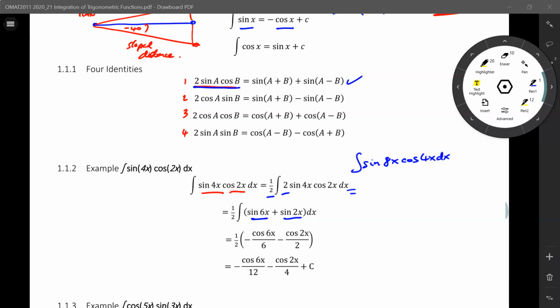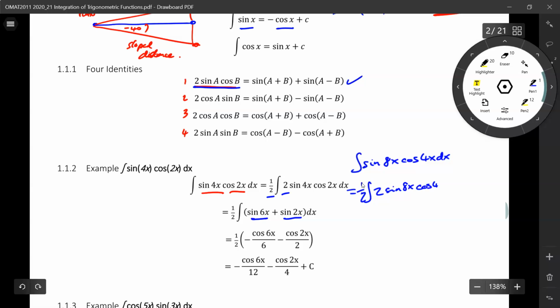If I do this one here, it's equal to a half times twice the sine of 8x times the cosine of 4x dx, which is equal to a half times the integral of sine of a plus b, so it's 8x plus 4x, plus sine of a minus b, which is 8x minus 4x, all dx.